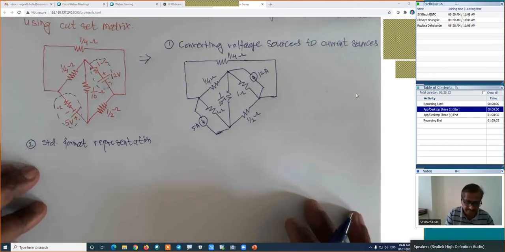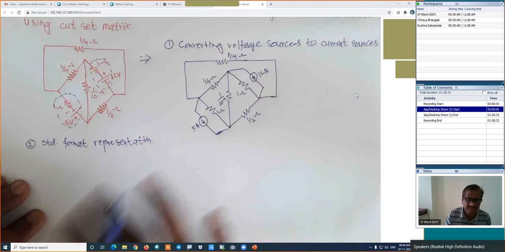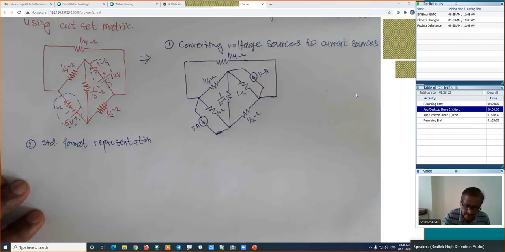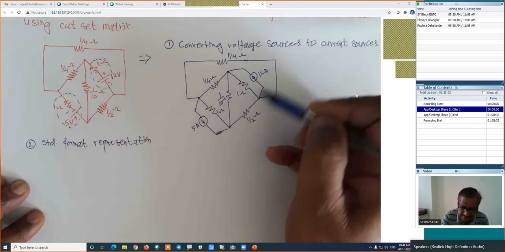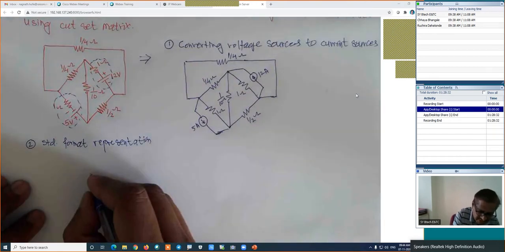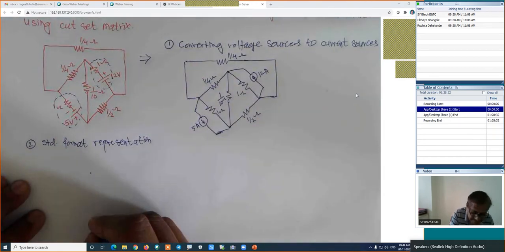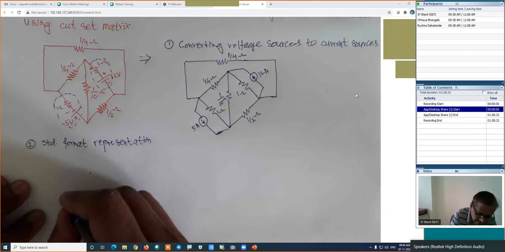How will it be? The figure will be the same. Just here we have to convert these impedances into the admittances. It will be a figure something like this. This is the second point, this is the third point, and it is the fourth point.